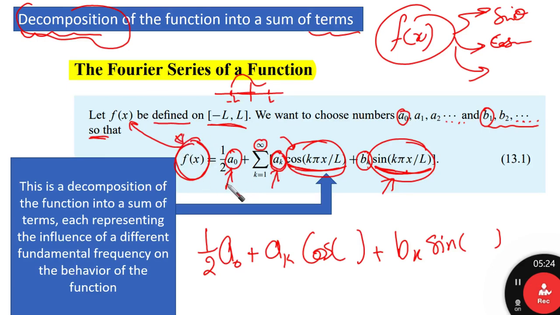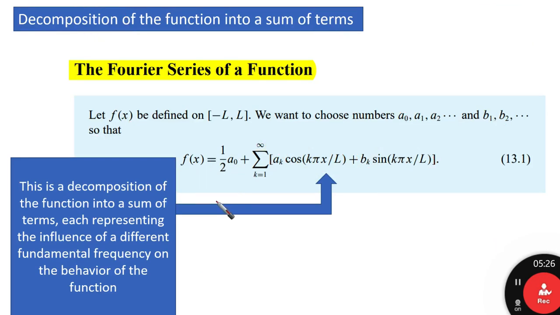So our main interest now, let's clear everything, is this: this is a decomposition of the function into a sum of terms, each representing the influence of a different fundamental frequency on the behavior of the function. Each one gives us a frequency.